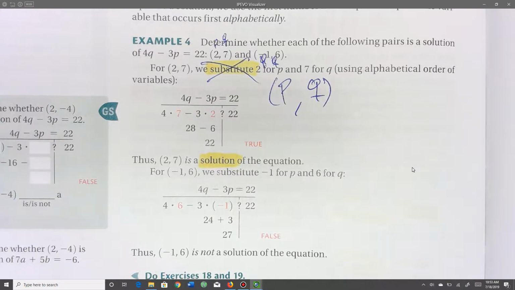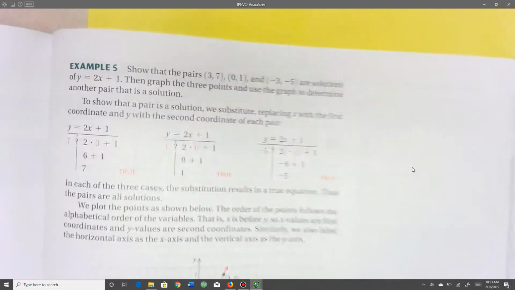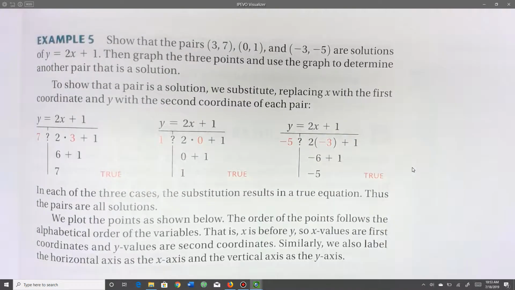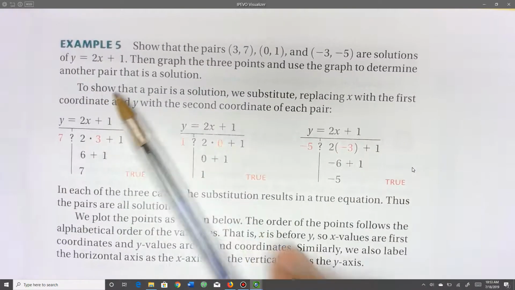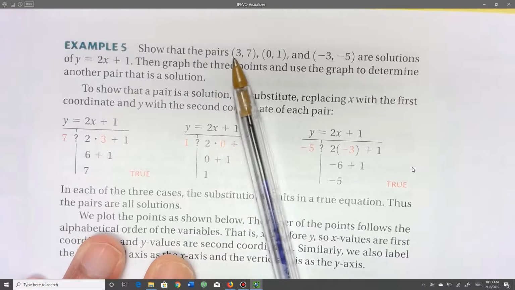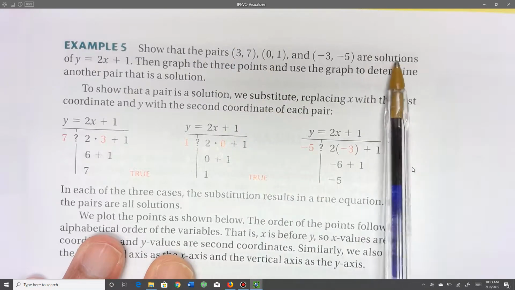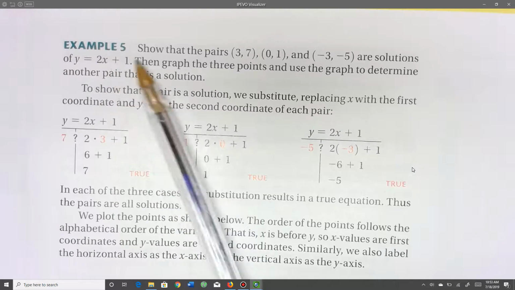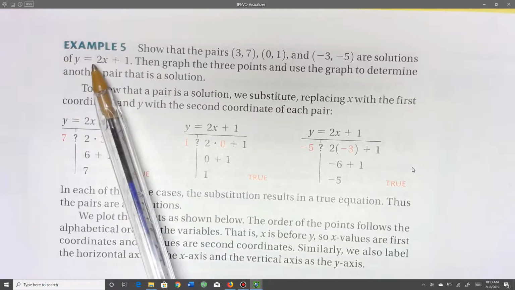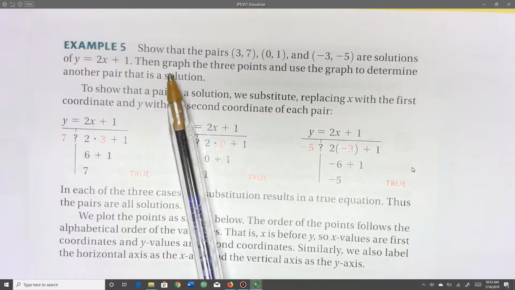All right, let's see if we can practice some more here. So it's just going to different questions, sort of. Show that the pairs of this are solutions of, and in this case they gave us a different equation, y equals 2x plus 1.